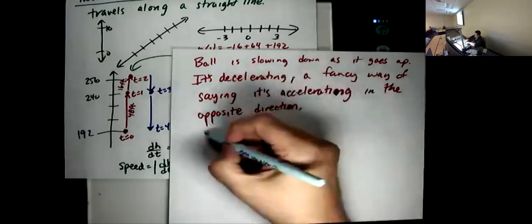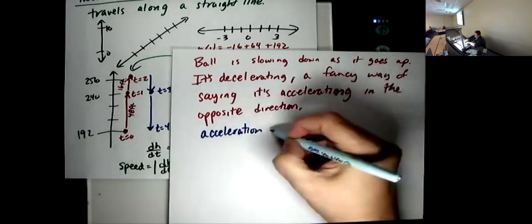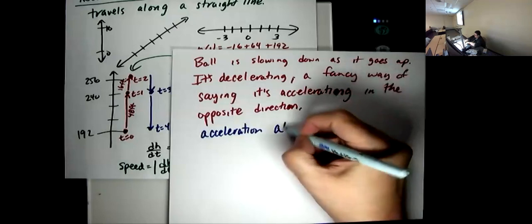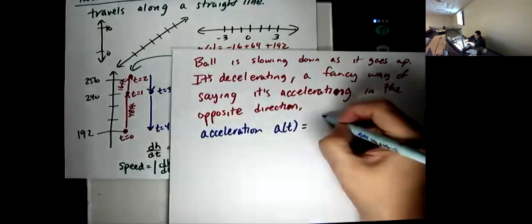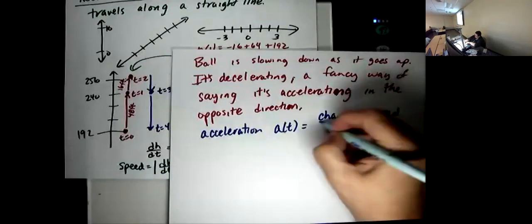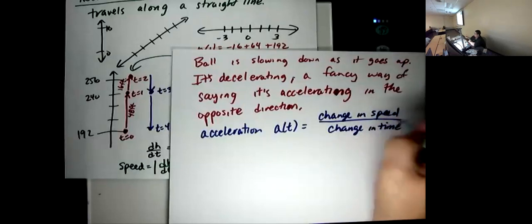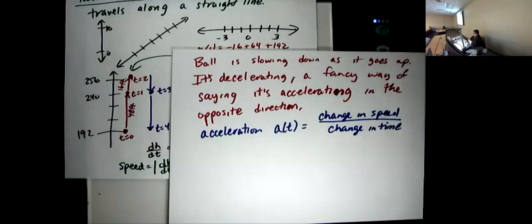Acceleration often goes by A. It's a change in speed over a change in time. That's how we define acceleration. Well, no, that's not true. It's a change in velocity. Acceleration also has a direction.